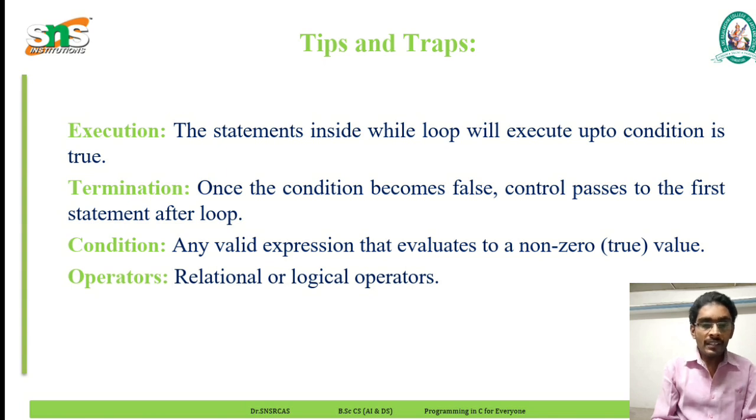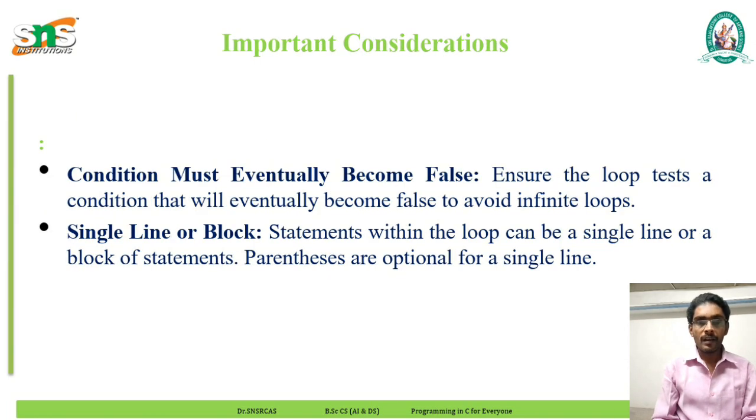The condition can be any valid expression that evaluates to a non-zero value. You can also use operators inside the condition part of any loop. The conditions can use relational or logical operators.